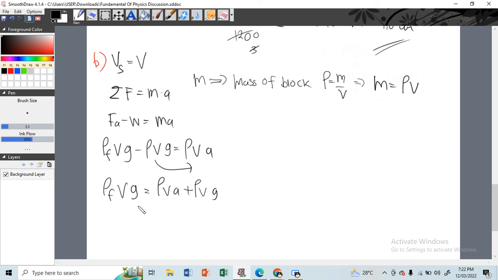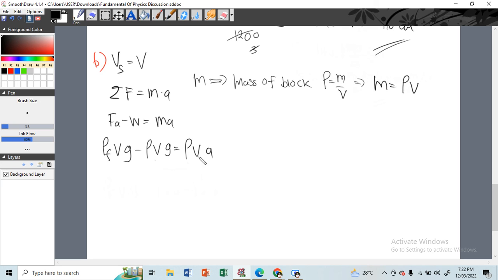I'm sorry, I think I made a mistake there, so let's just leave this equation like this.